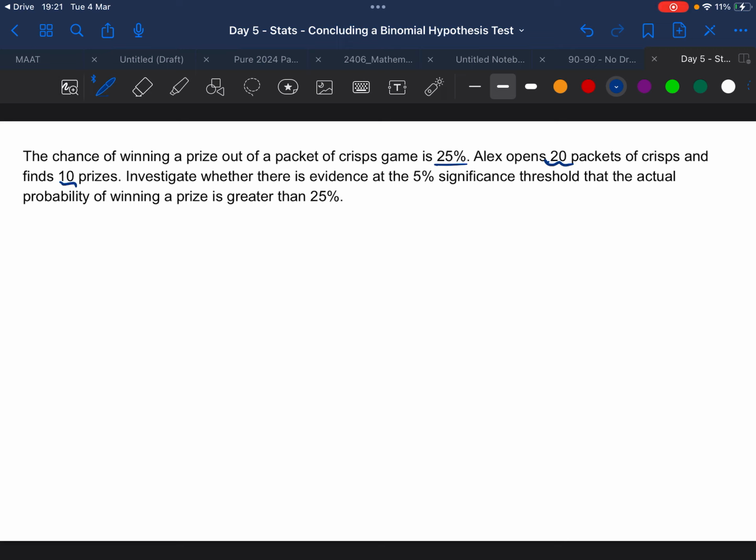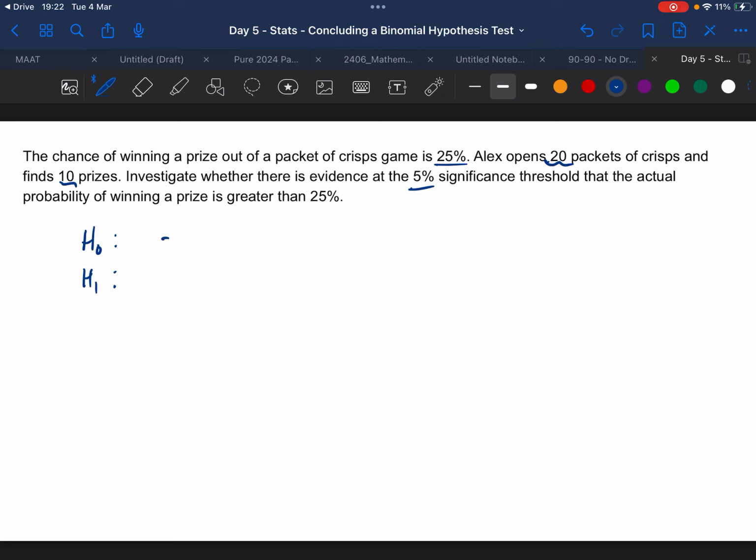Well, 10 out of 20, this is hopefully making you think that maybe it's a bit more likely than it says. Investigate whether there is evidence at the 5% significance threshold that the actual probability of winning a prize is greater. Okay, so our hypotheses, H0 and H1. When you do binomial, they're always going to be about the probability.